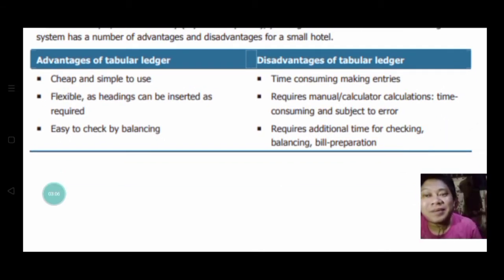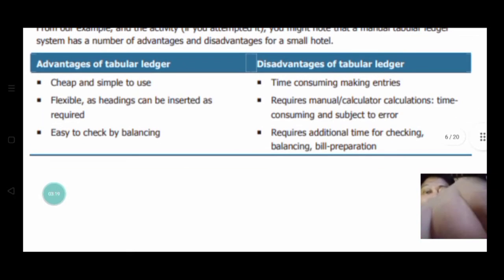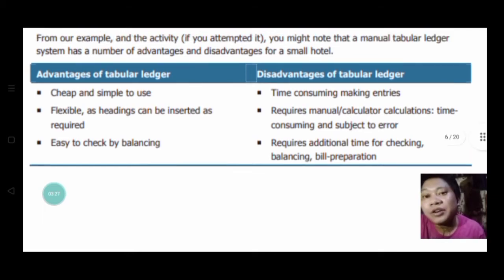It is easy to check by balancing. Then the disadvantages: it is time consuming making entries, a lot of time is wasted. The second one is that it requires manual calculations, time consuming and subject to error.